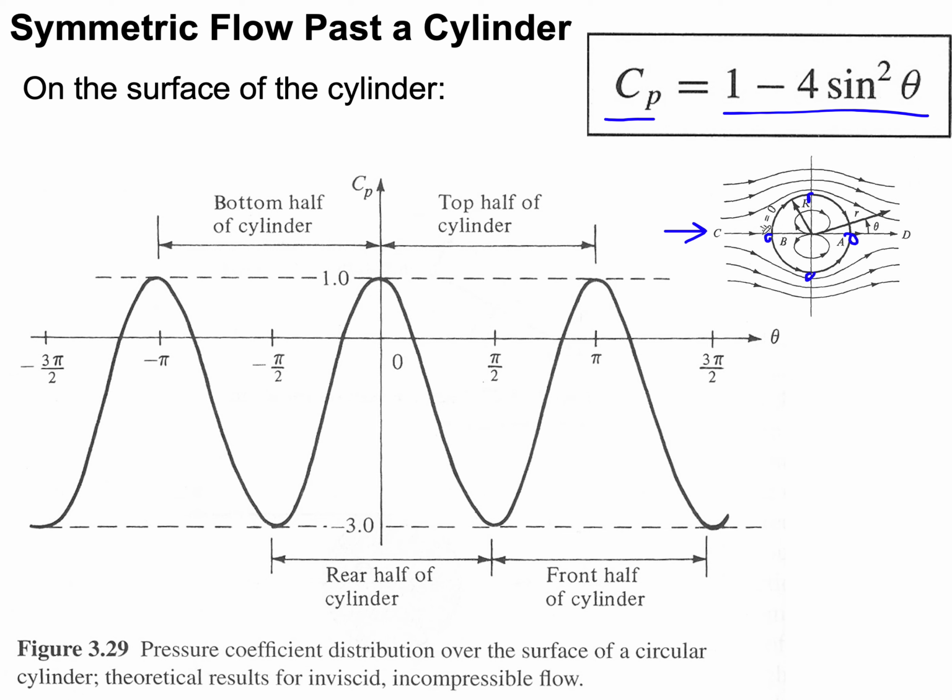And what you'll notice is that these are our two stagnation points, and we have a CP of 1, and where the streamlines get squeezed the most, so they get too tight together, you get the maximum velocity and you get the minimum pressure of minus 3 at theta equals 90 degrees and minus 90 degrees.